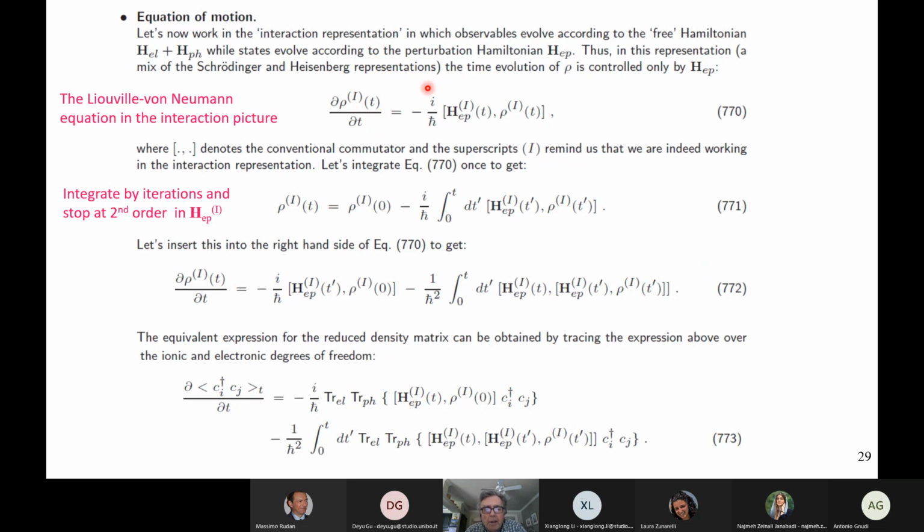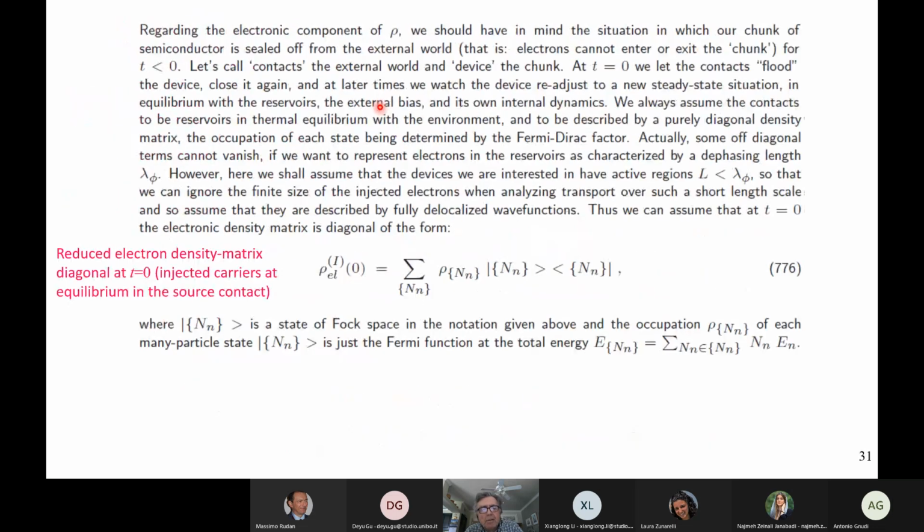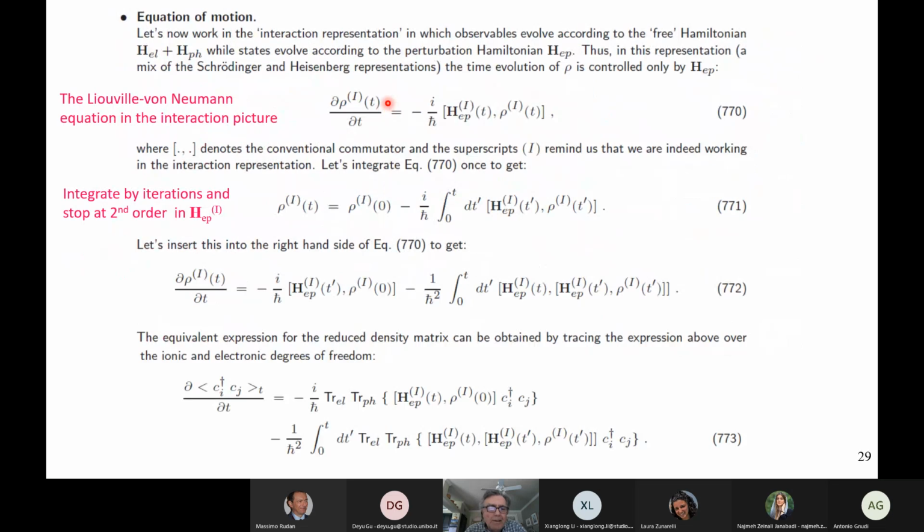So let's consider now the reduced, and I will not write the EL anymore here. Yeah, let's consider the full, yes. This is still the full density matrix. The superscript I means that I'm working in the interaction picture, which means that, remember, the density matrix evolves in time according to the Schrödinger picture, but not Heisenberg.